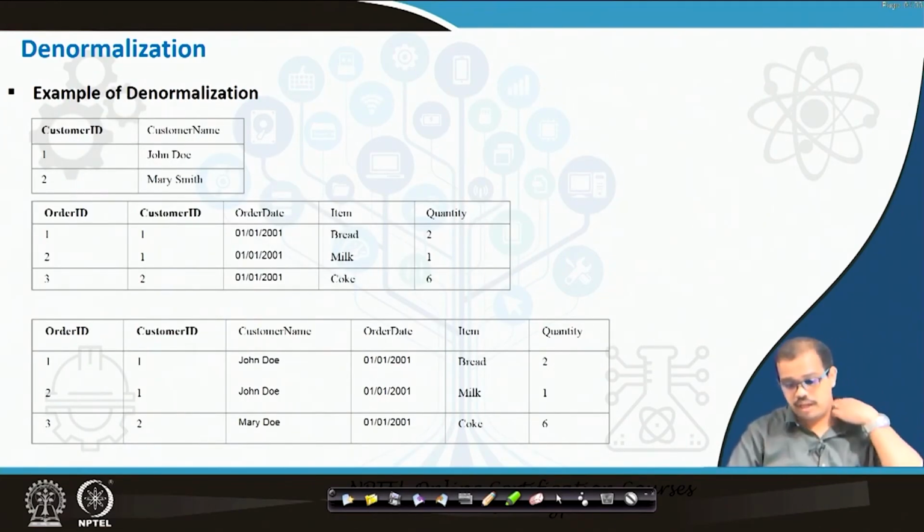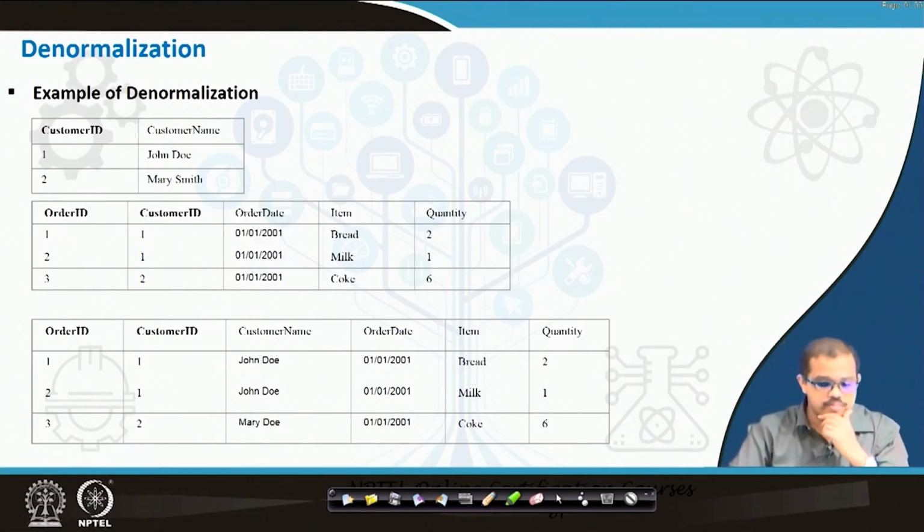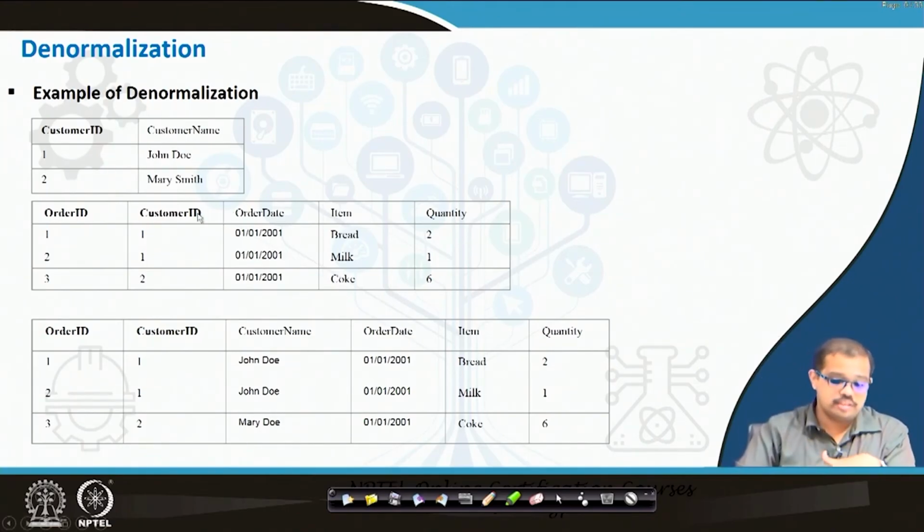This is one example that I was showing in the first and second normal forms. This is normalized data, which means, for example, this is atomic, and also it is in the second normal form, dependent on your primary key. Now the same thing, if it is put back in the same order, it is atomic also.